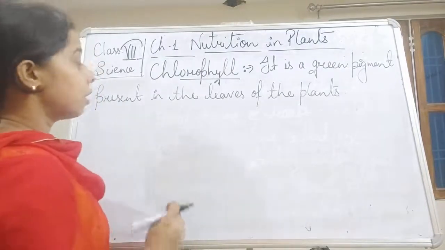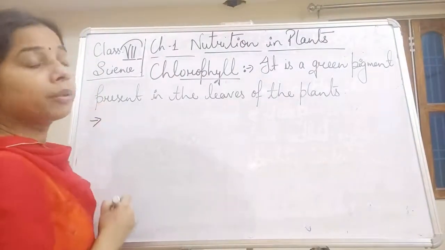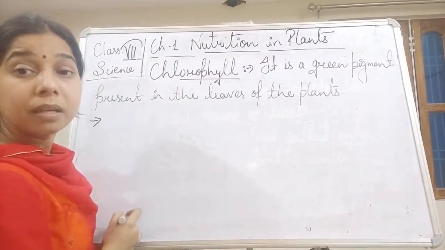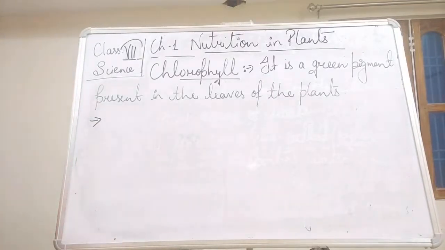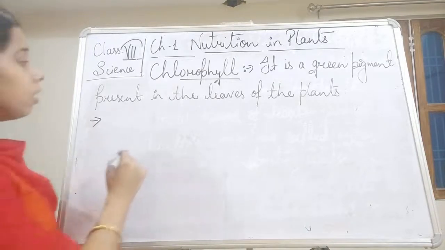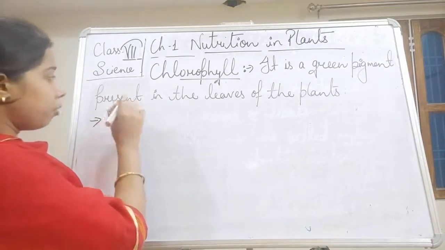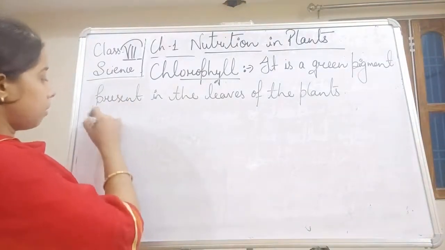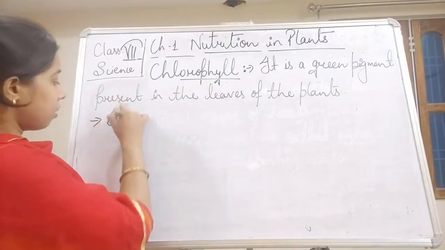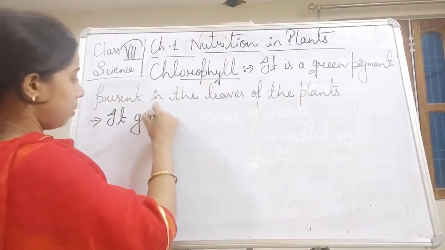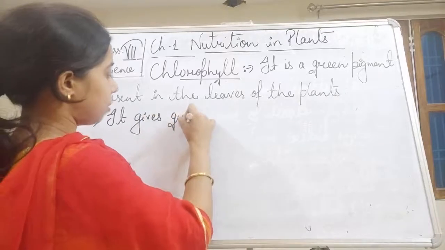In fact, because of the chlorophyll only, the plants appear green in color. Okay. So we can write one more thing: it gives green color to plant.